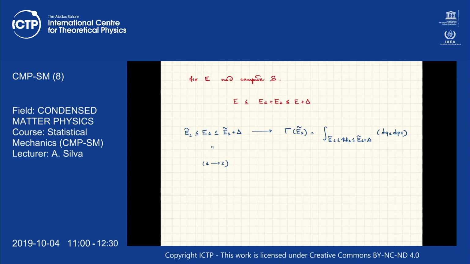Clear. But now the problem is that when I fix only the sum, I'm not fixing the individual energies. I'm fixing their sum. I have many possibilities of choosing E1 and E2 in such a way as to satisfy this constraint, right?